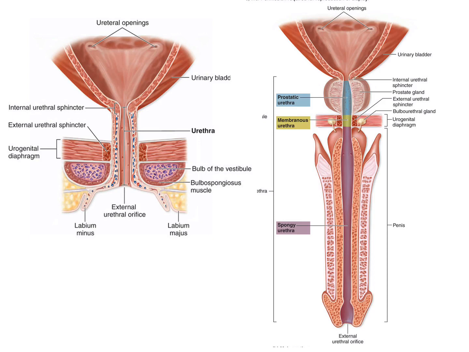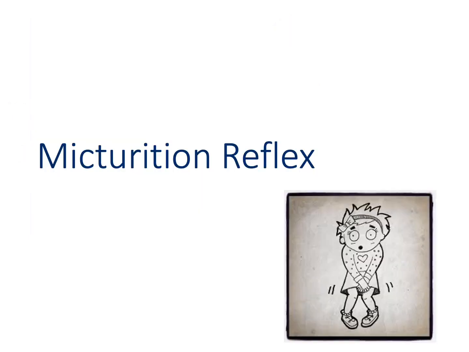The way in which urine is released through the urethra is due to a combination of sympathetic and parasympathetic signals involved in a reflexive behavior known as the micturition reflex. The micturition reflex is a partially cognitively controlled reflex in that we are constantly sending signals to that external sphincter that say, do not relax.